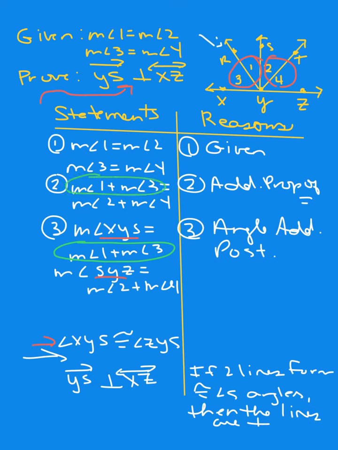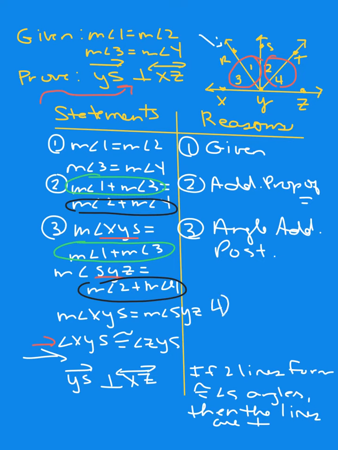And if you look at the other side, I have 2 and 4 here and 2 and 4 here. So through substitution, I can now say the measure of angle XYS is equal to the measure of angle SYZ, and that reasoning is substitution.